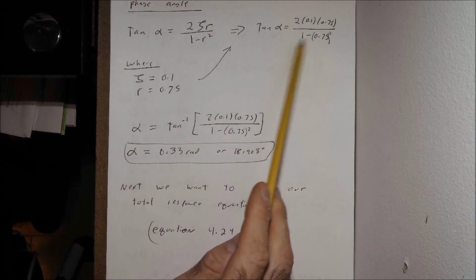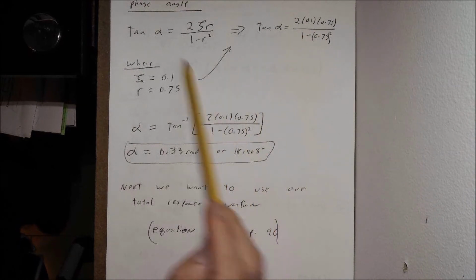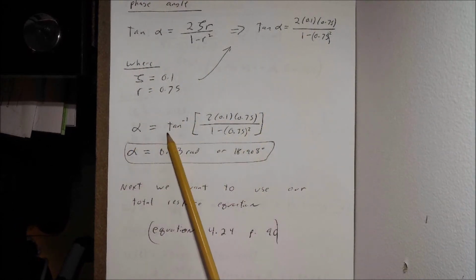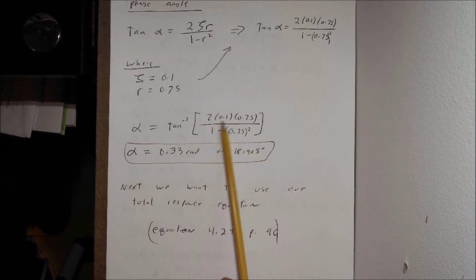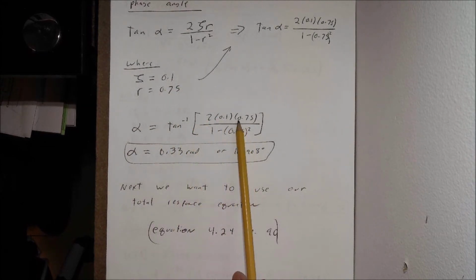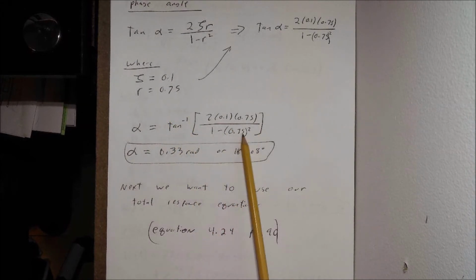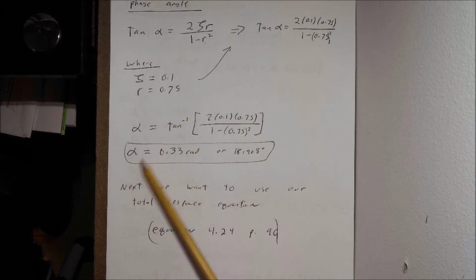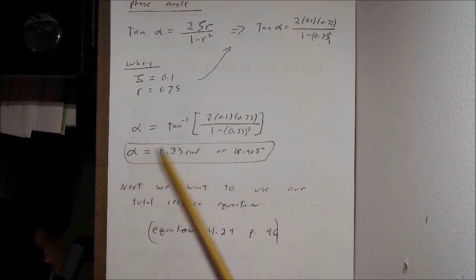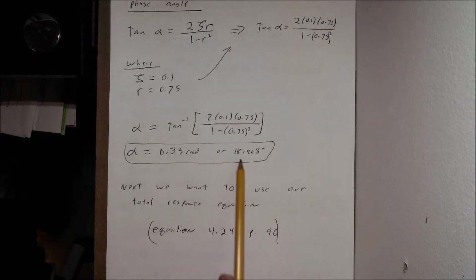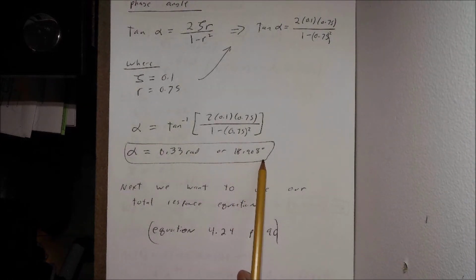Solve this for alpha, so alpha is equal to inverse tangent of 2 times 0.1, our zeta term, times 0.75, our r term, over 1 minus our r term, 0.75 squared. Plug that in, what we end up with is that our alpha term is 0.33 in radians, or if we convert to degrees, 18.908 degrees.